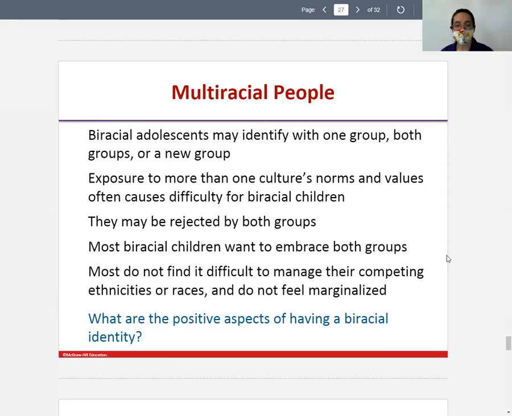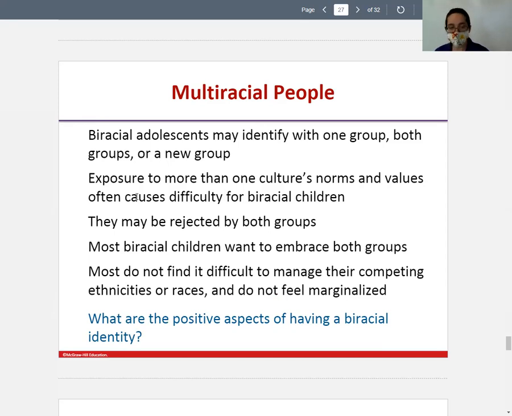If you are biracial or multiracial, your identity might develop differently because you may have a minority identity development and also a majority identity development, depending on where you are. You may be rejected by both groups because you don't act like this group enough, or you don't look like this group enough.